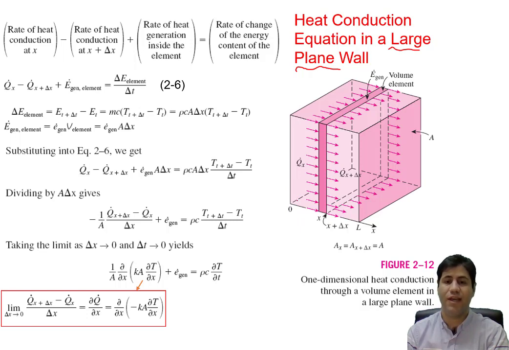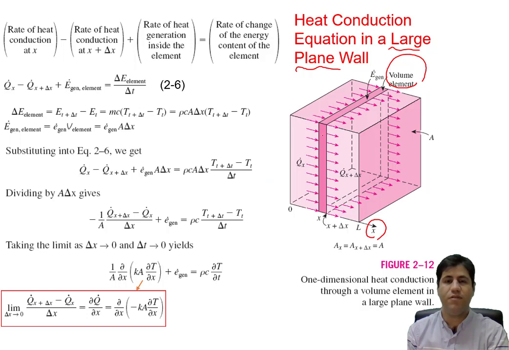But we can deal with it as just one-dimensional heat transfer, calculating the heat transfer in only one direction, because it is a large wall. So the heat transfer in this direction is the only one important for us. So we select an element like what you can see here, which is a volume element.